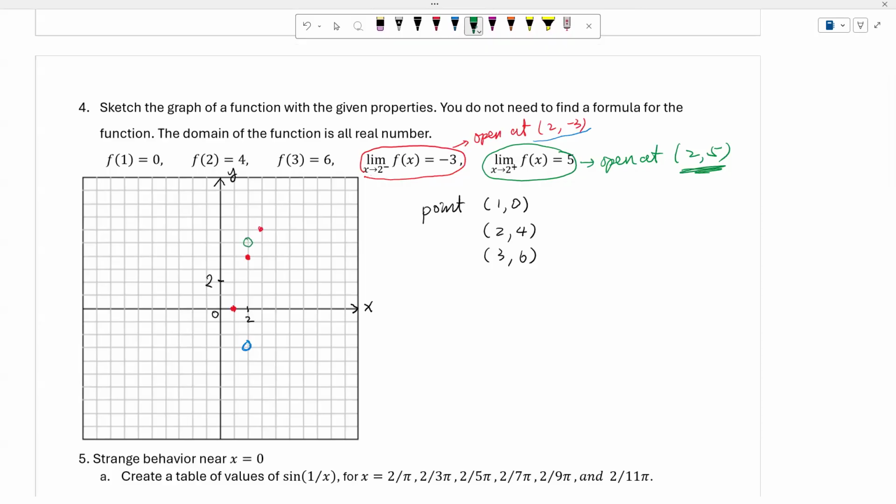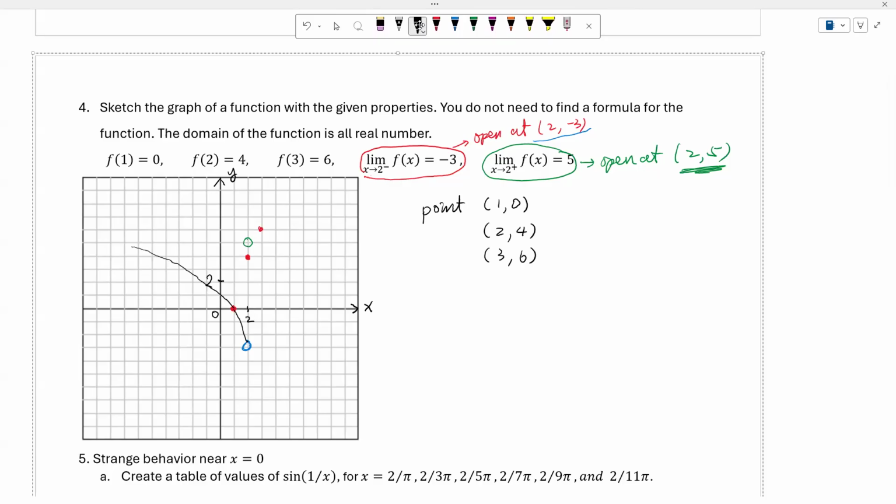So now let's see how we actually trace the function. The function from the left will go through the point (1, 0), and then it will get closer and closer to the point (2, -3).